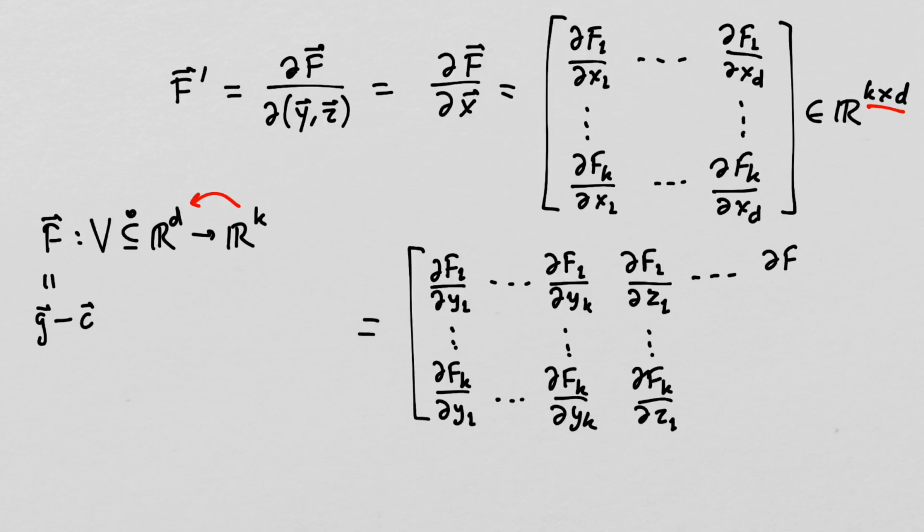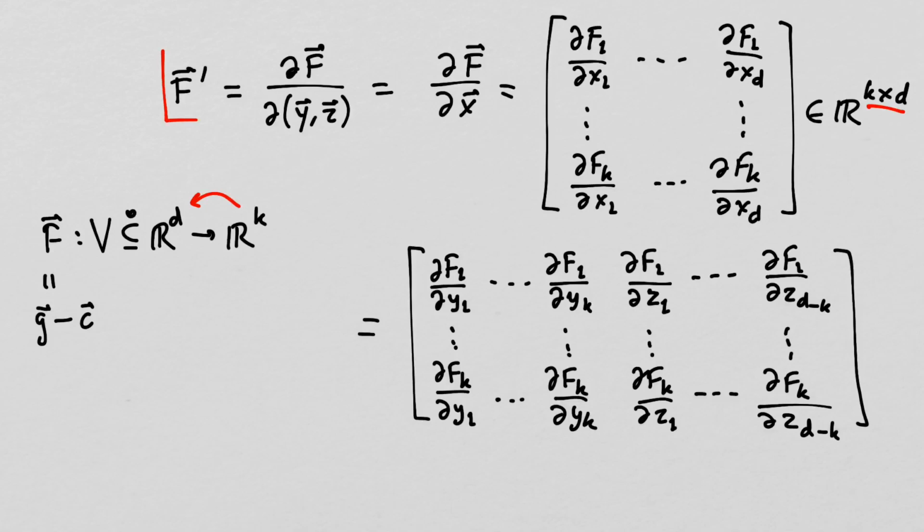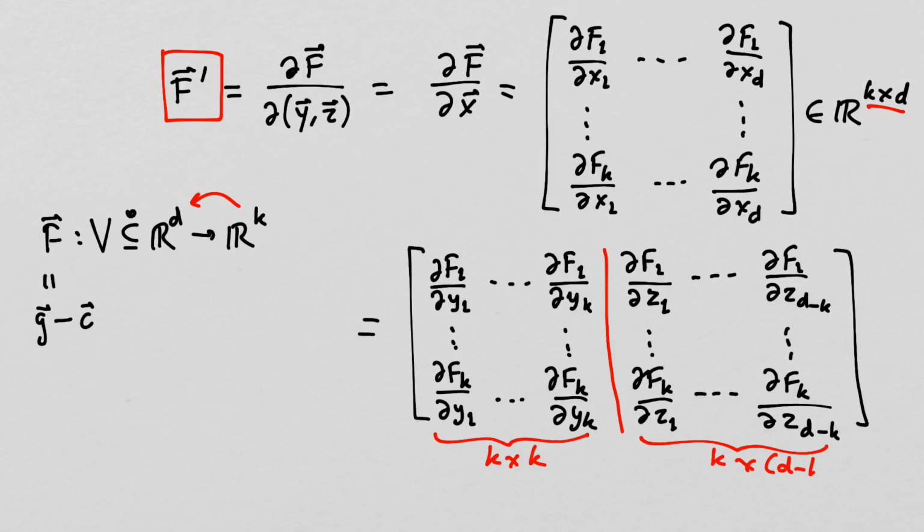And that's going to keep going until you reach d minus k. So you see that what we're really doing is partitioning the ordinary derivative matrix, which is k by d, into a k by k block, and then another block of size k by d minus k.